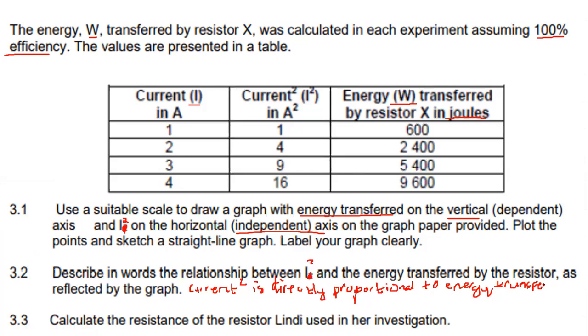There we go. And that is definitely 2 marks. Current squared is directly proportional to energy transferred, definitely by the resistor altogether, and you will get 2 marks.